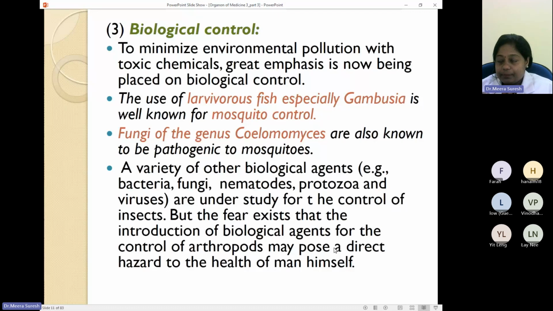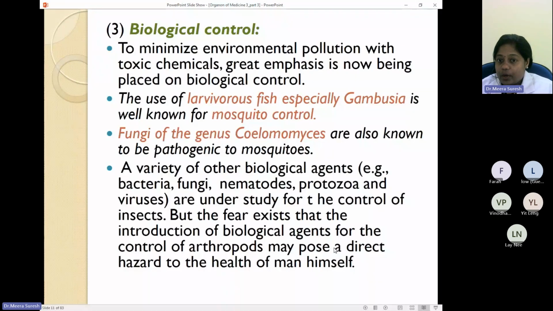We call them guppy or gambusia, fishes belonging to that species. So these are fishes which feed on these mosquito larvae. So we can use those fishes to kill these vectors.